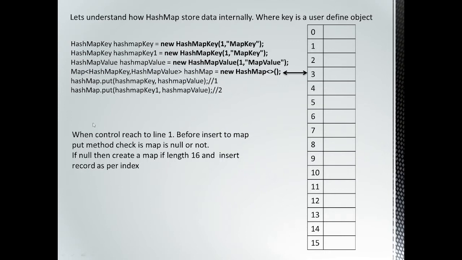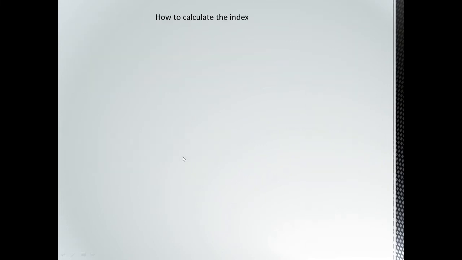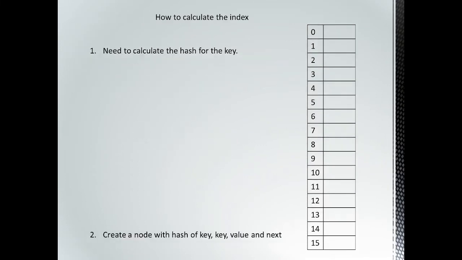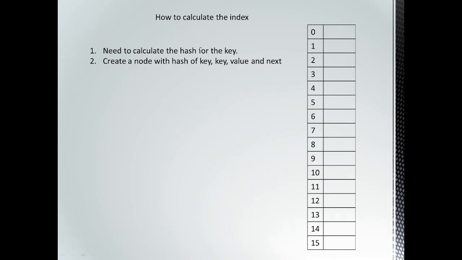Here we can see that before inserting into the map, it always checks whether the map is null or not. If it is null, it creates one map for us. If it is not null, it keeps that one and goes on to calculate the index. So how is the index calculated? First we need to calculate the hash of the key.